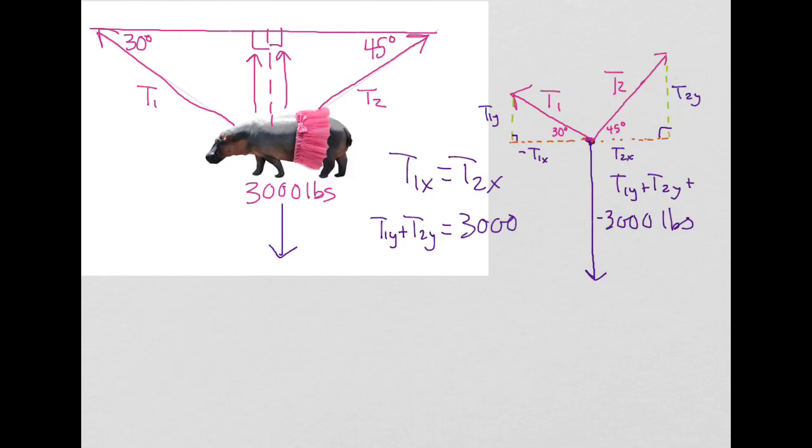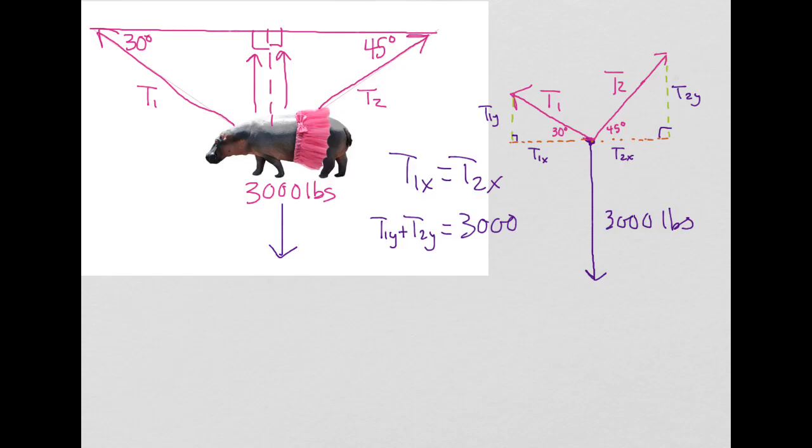I'm trying to write plus negative 3,000 equals 0, because that is what it means for our forces to be balanced. It means they have a net force of 0. And then you can see I can just add 3,000 to both sides to get to that equation. Similarly with the other one as well. I'm going to pull that stuff out because we don't really need it. But it's a good thing to make note of and to keep in mind anyways.